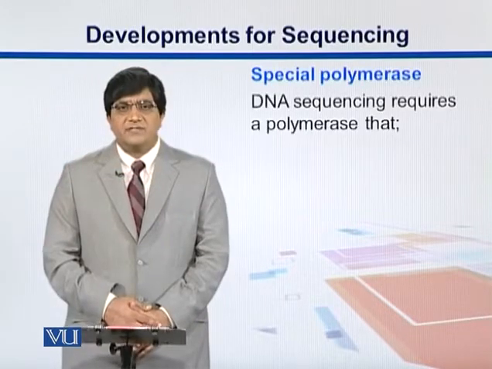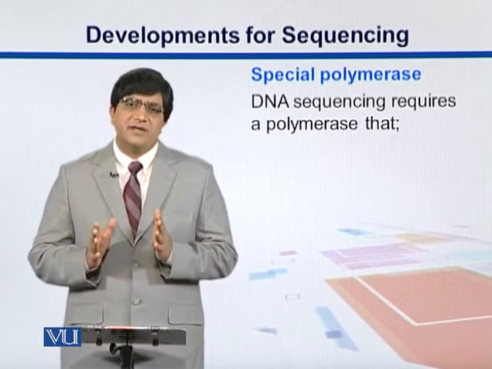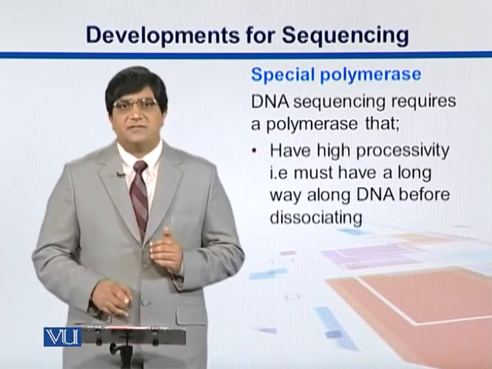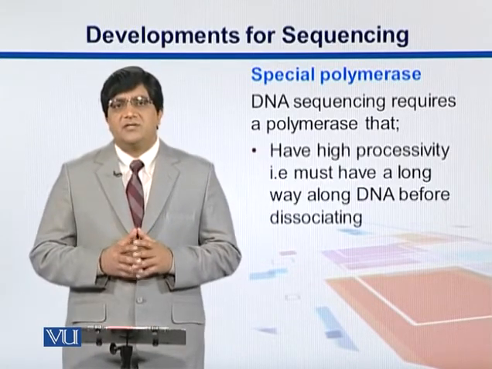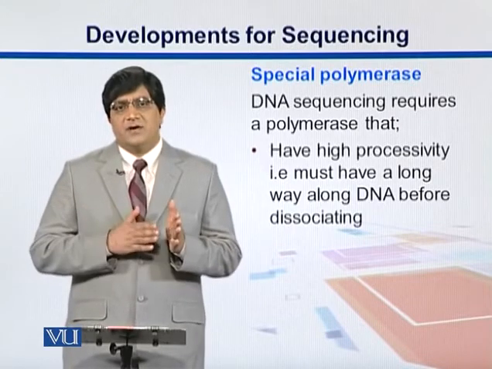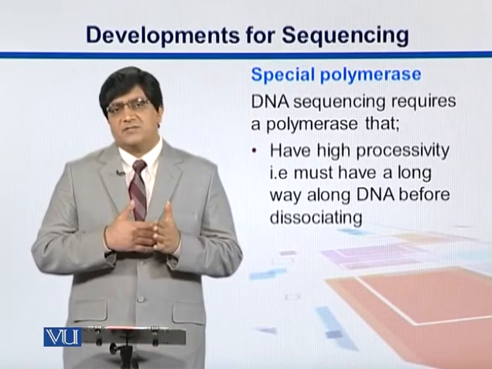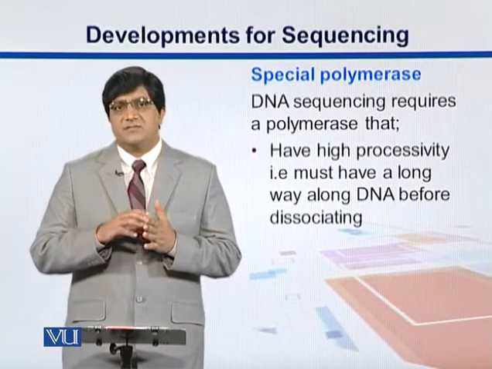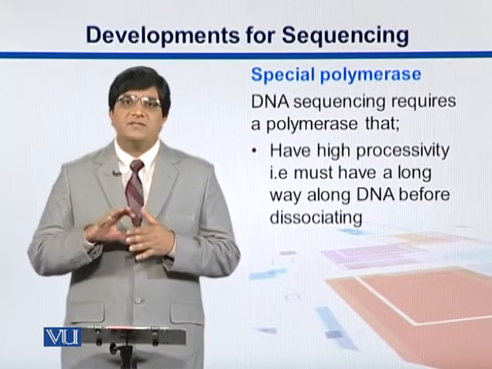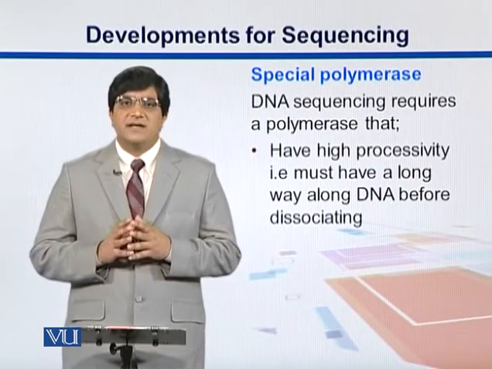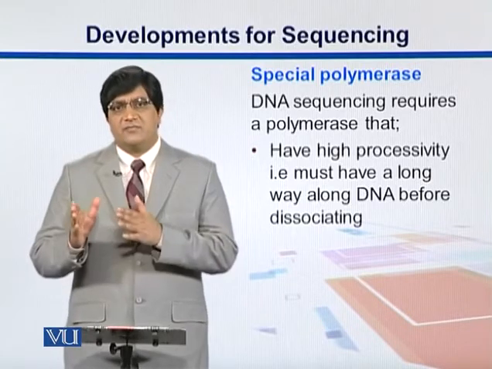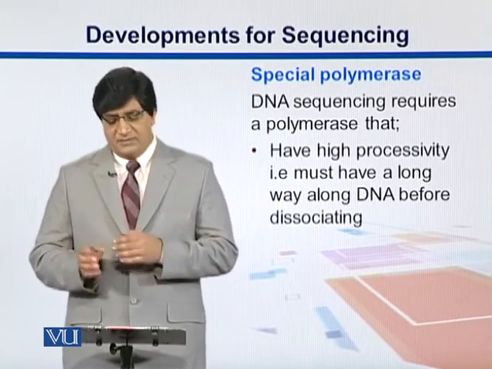In DNA sequencing, we need a special polymerase that has high processivity. That means it should not go away, while under normal circumstances the polymerase sometimes gets off from the replication process, and we want longer fragments, so we want high processivity.